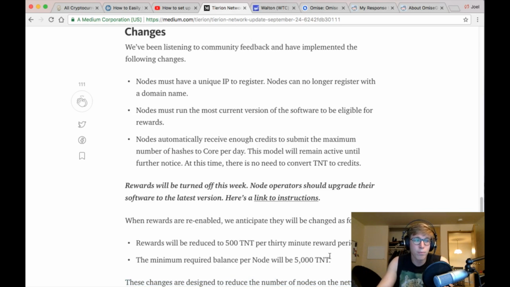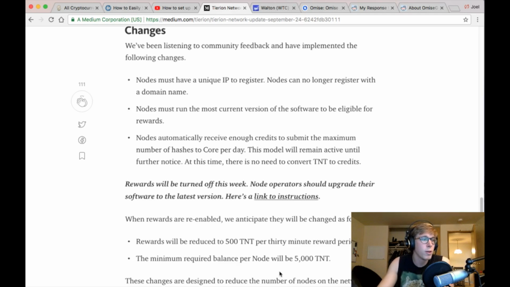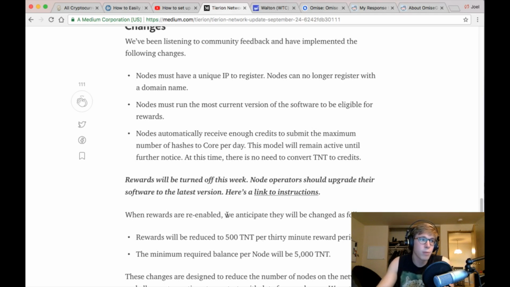So I'm pretty sure that most of the nodes in the network were probably owned by one person, or a small handful of people. So they're probably trying to combat this and allow people that only have one or two nodes to have some kind of chance at winning.